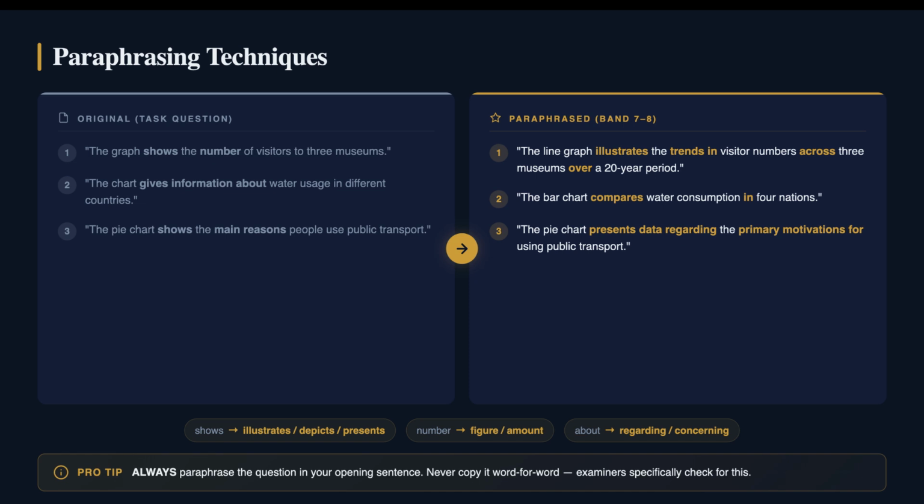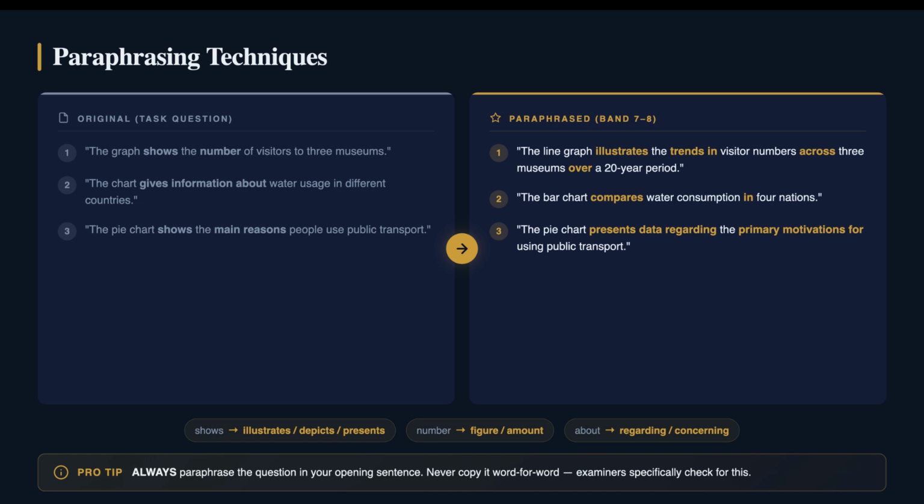If you notice how the candidate paraphrased from the original task question, the verb shows in the original task question is replaced by the synonym illustrates.